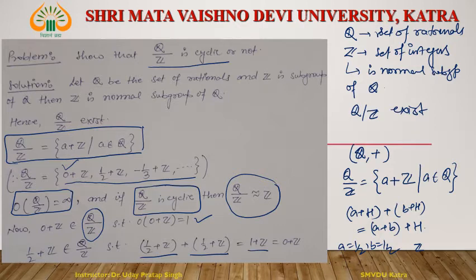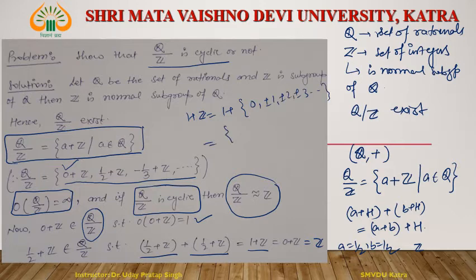Right? And since 1 is an element of Z, 1 plus Z is equal to 0 plus Z, that is Z. What is 1 plus Z? 1 plus Z, where Z is 0, plus or minus 1, plus or minus 2, plus or minus 3, and so on.